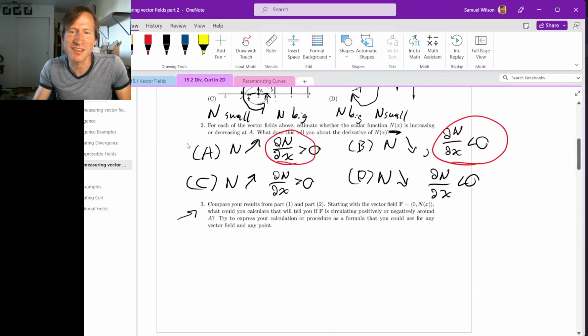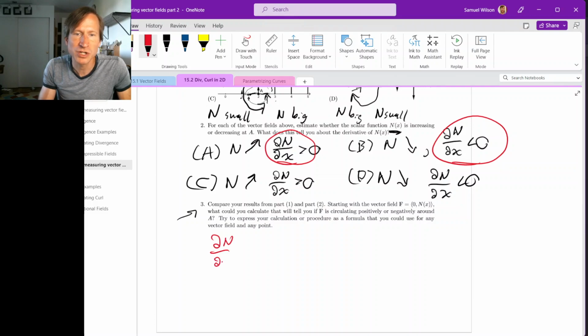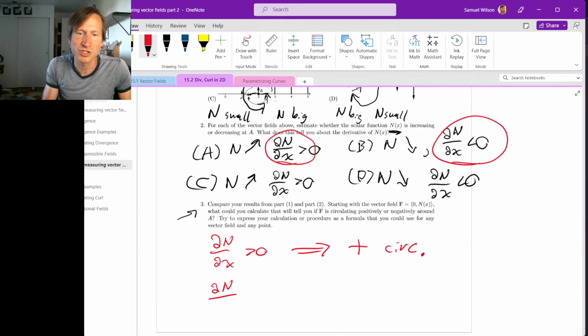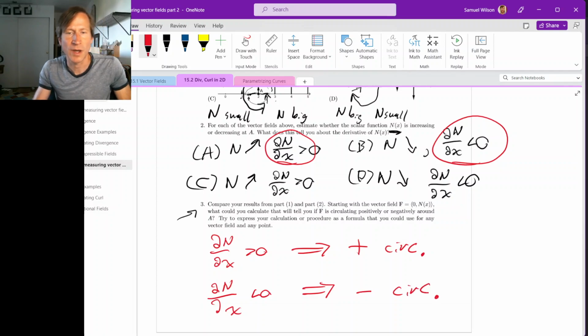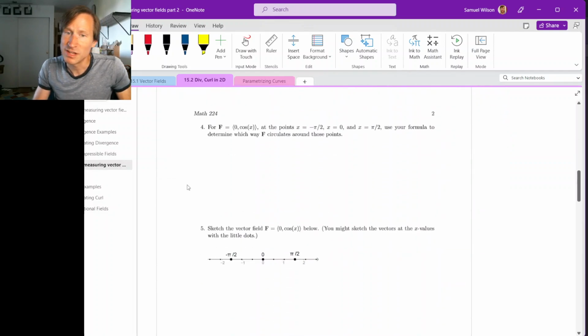So it seems like when partial n partial x is positive, we have a positive circulation, and when partial n partial x is negative, we have a negative circulation.